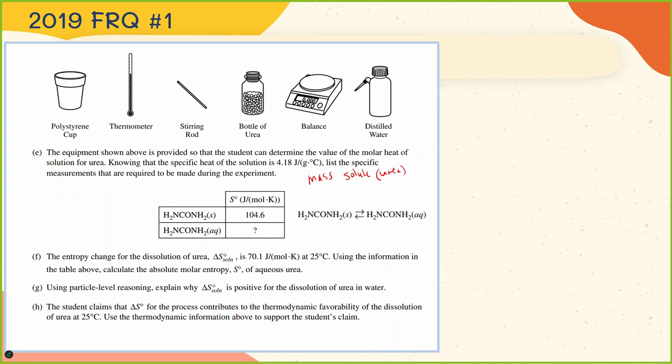You're going to need to know the mass of the water because you have to combine those together to get the mass of solution. And we're going to need to take an initial temperature and a final temperature once combined.